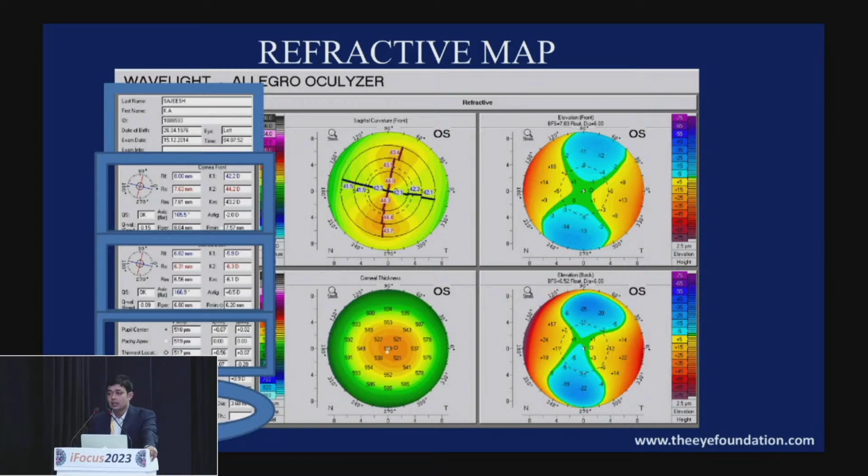And then you have the biometry values, and especially the anterior chamber depth. It's important to see, I don't know if you're able to see the letters INT here, internal, which means it's measuring from endothelium to the anterior capsule, rather than external.